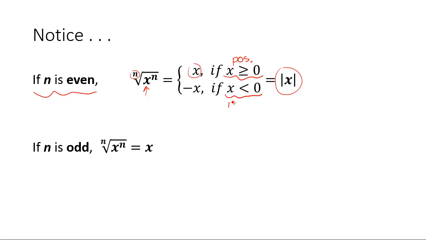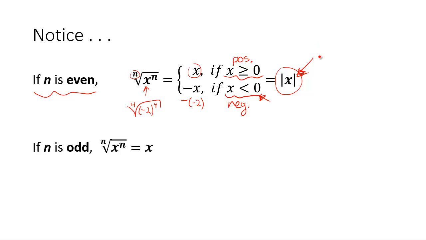If your x is negative, that's what this less than 0 means, then take negative x. So if x was negative 2, for example, an even root of negative 2, by this definition it would fall under the negative case, in which case you'd have negative negative 2 in there. So that's actually positive. Either way, this is actually a definition for absolute value.